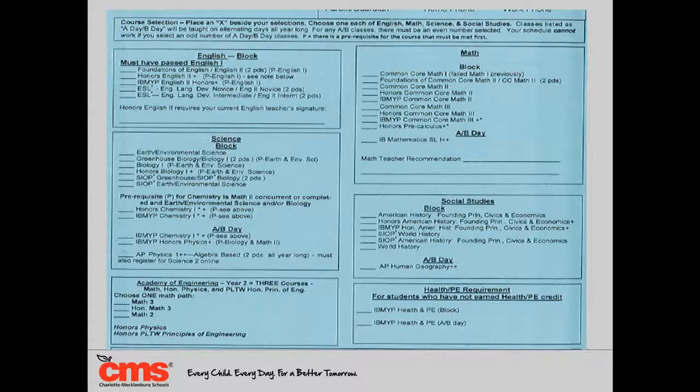So in English, you can see they have their foundations classes and an English 2, which is a 10th grade English. They also offer honors English, and then your ESL courses are ESL English Language Development, Novice, and then English 2. That's a year-long course, but it's divided into 2 classes. First semester, they'll have their English Language Development class, and then second semester, they'll have their English 2 Novice class.